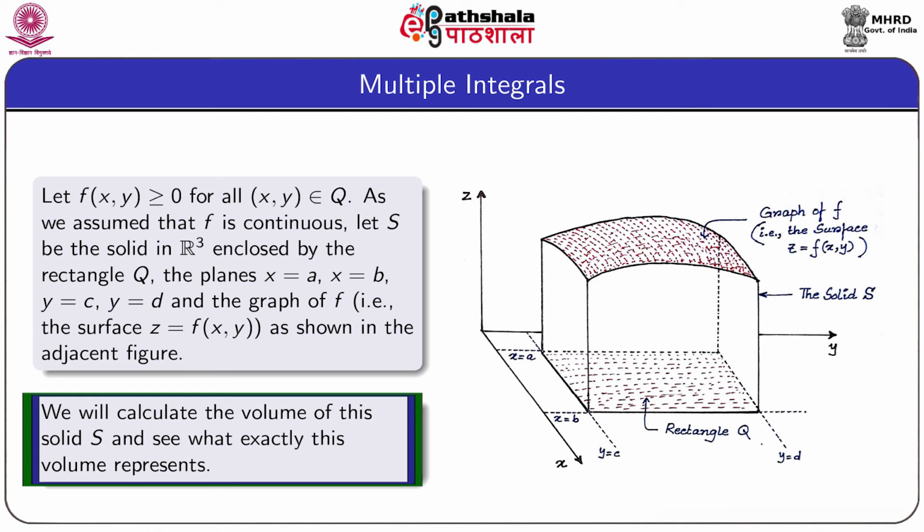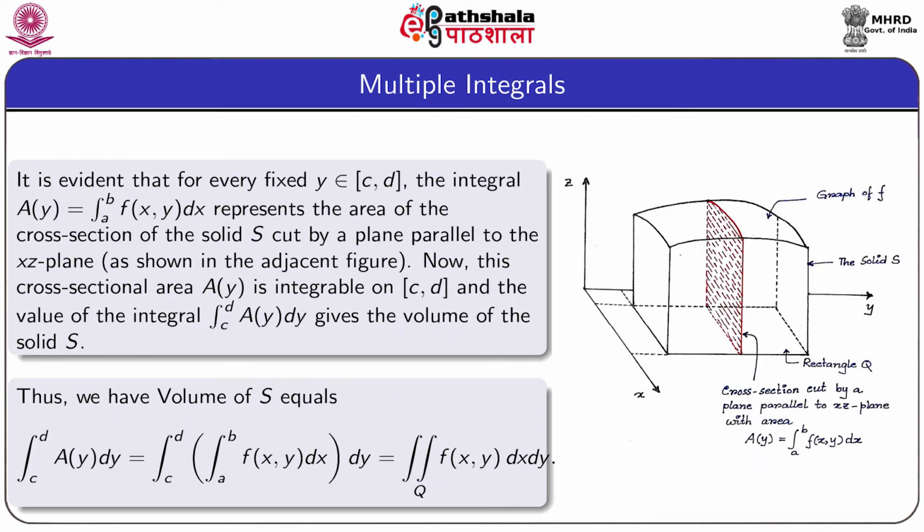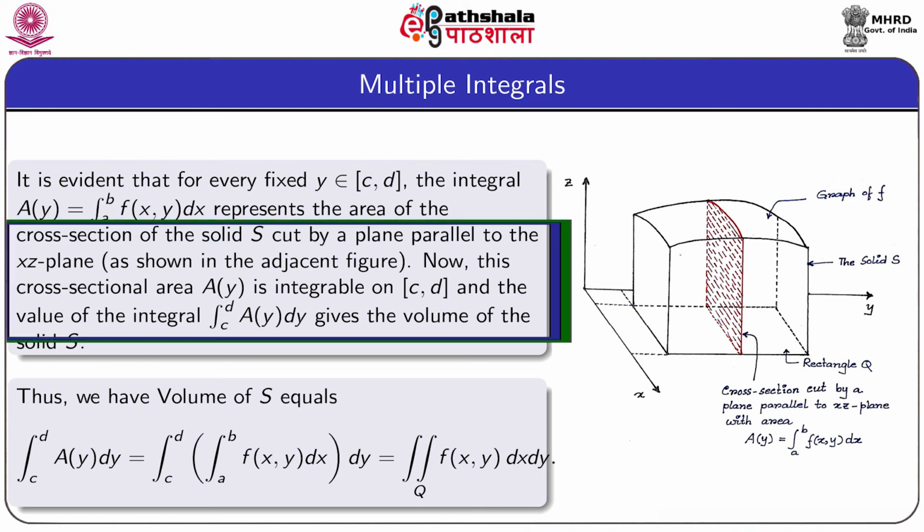We shall calculate the volume of this solid S and see what exactly this volume represents. It is evident that for every fixed y from the bounded closed interval CD, the integral A(y) equal to a to b f(x,y) dx represents the area of the cross section of the solid S cut by a plane parallel to the xz plane. We have shown it in the figure.